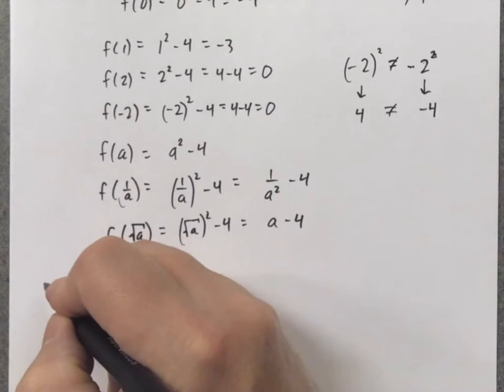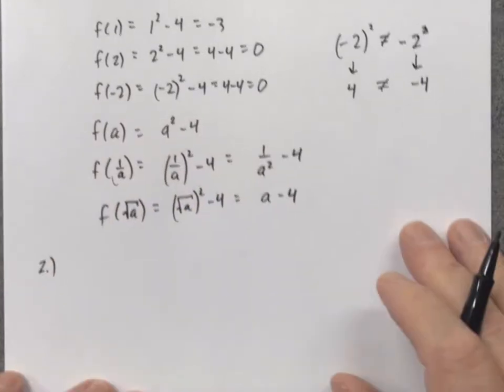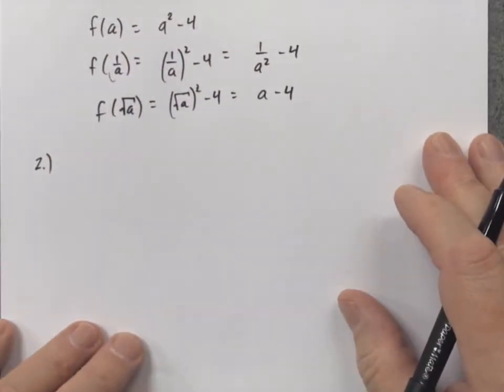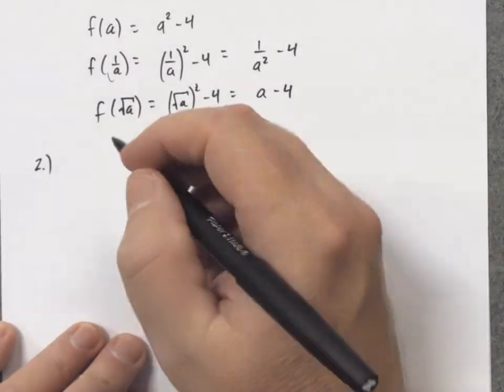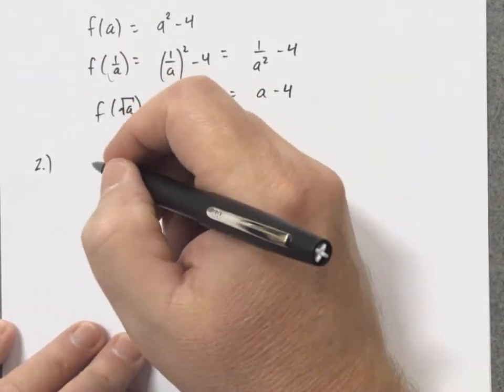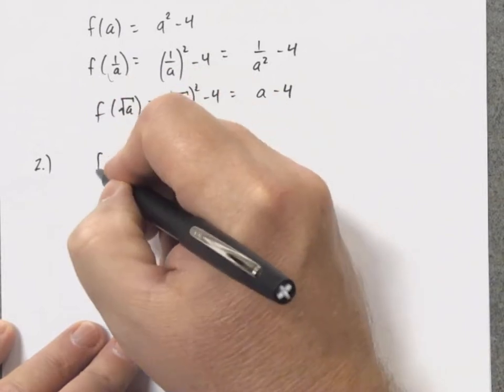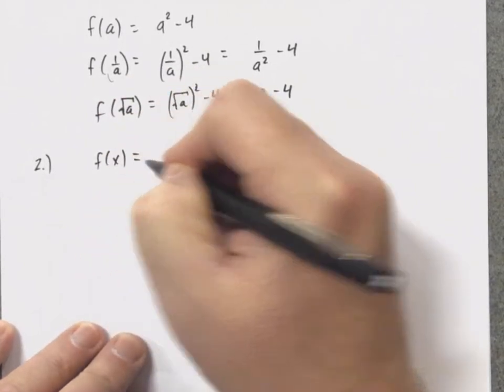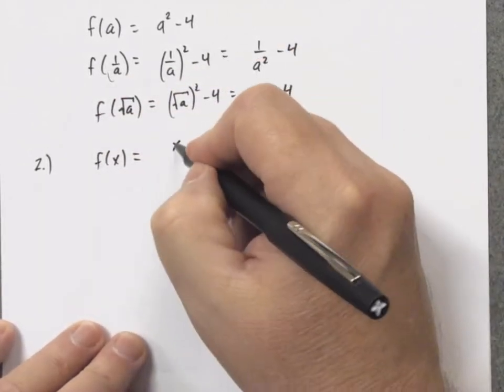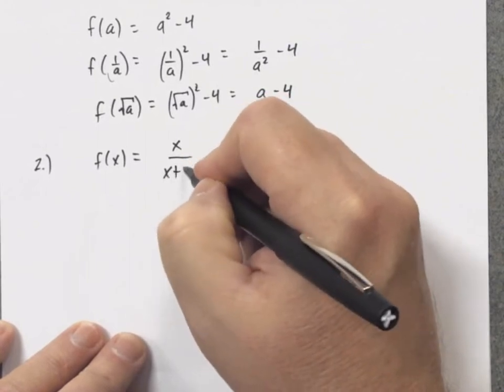Now number 2, it's really the same problem as we just did, except a different function. And actually on the key, I have a typo because the key says x, but it should read f of x equals x over x plus 4.